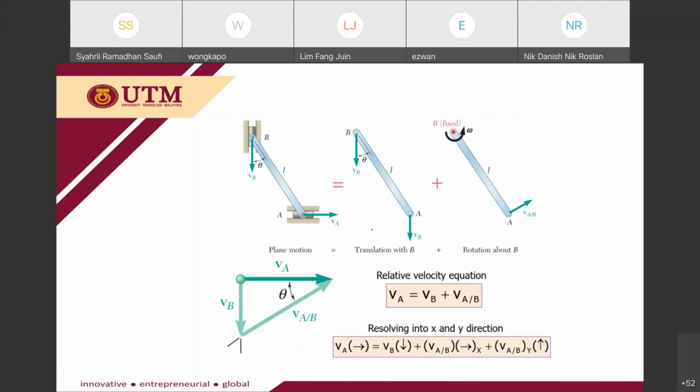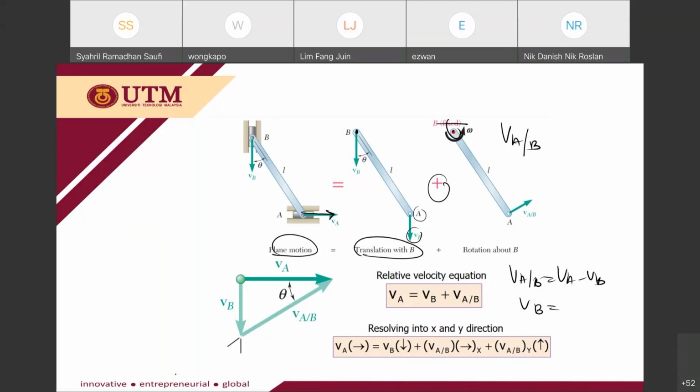For this case, if you choose point B, plane motion equals translation with B, meaning point A tends to move with the same velocity as B for the first part, plus, since point A is moving in this direction, it will tend to rotate about point B. So you fix point B, meaning that point A will rotate about point B. So your equation will look like this: VA is equal to VB plus VA/B.